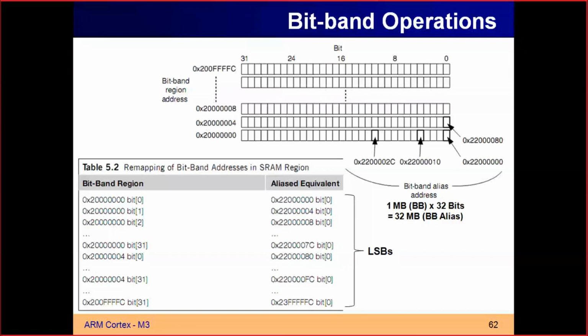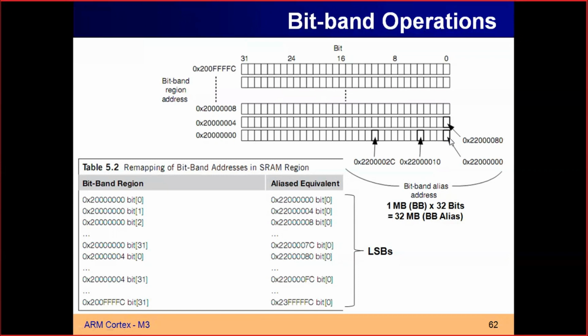And how will you do that? By doing bit band operation, you are making the read, modify, write operation atomic. How? Each bit, say the first bit in 2000, will be the 0th bit of this location.